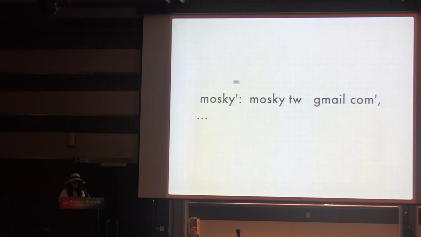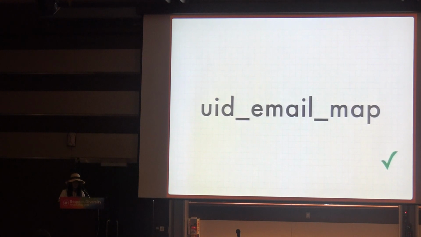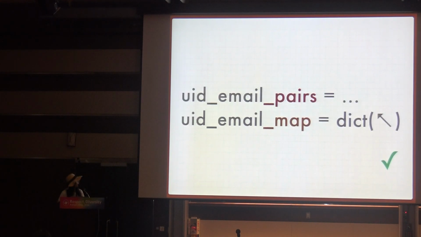But if you improve the name to uid_email_map, your reader will be clearer on your code. It's just UID mapped to email, and the type is mapping, very clear. So it's better. And you can take some advantage in this case, like you can clearly know the UID email pairs.